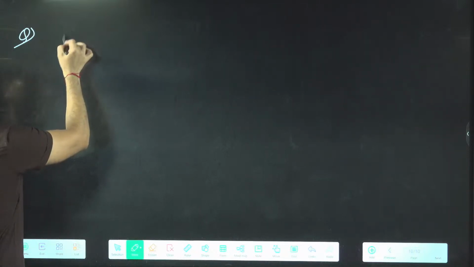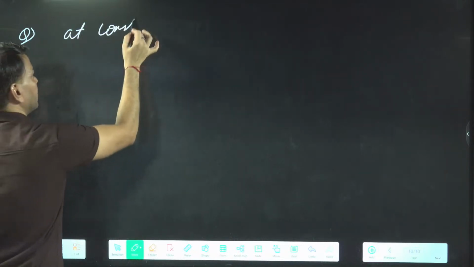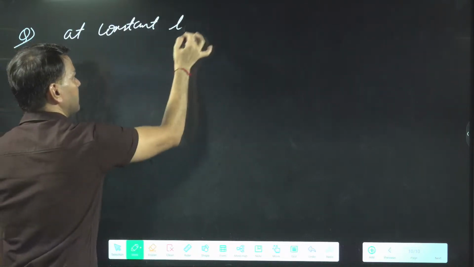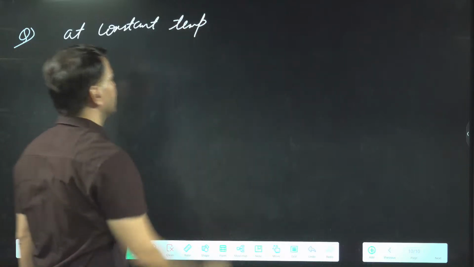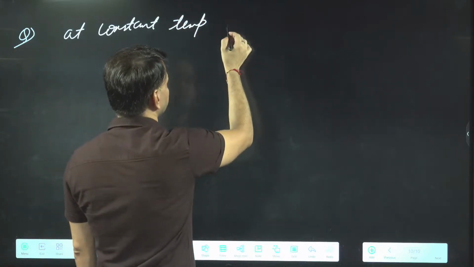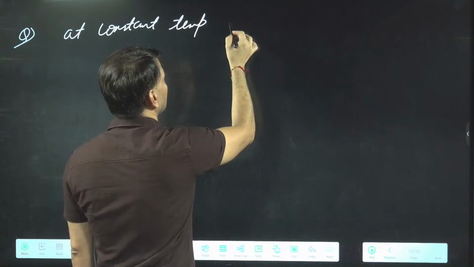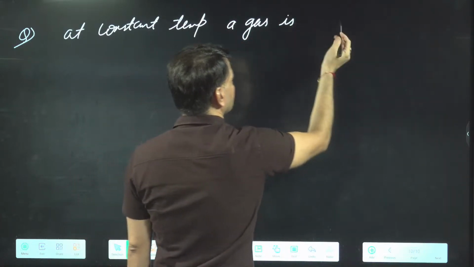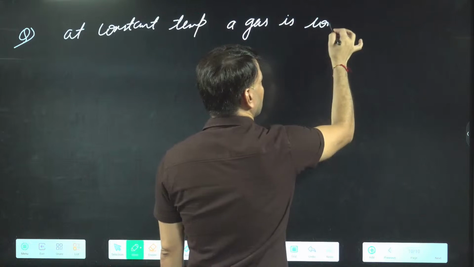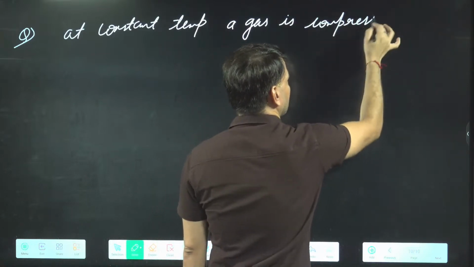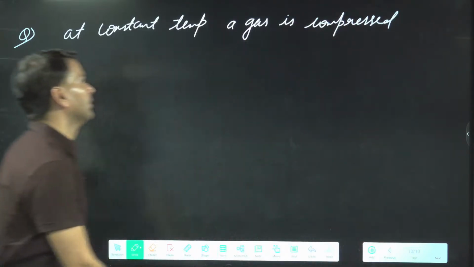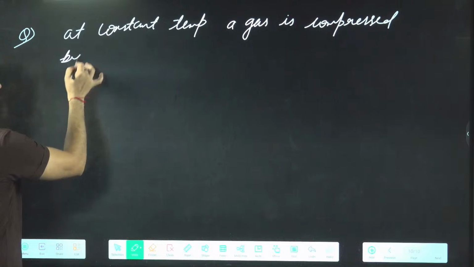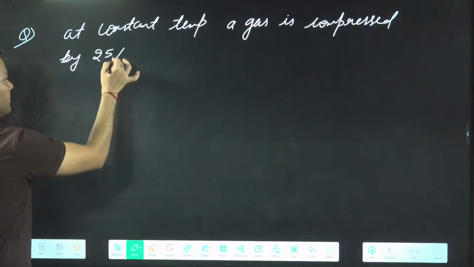So one simple question. At constant temperature, a gas is compressed by 25%.